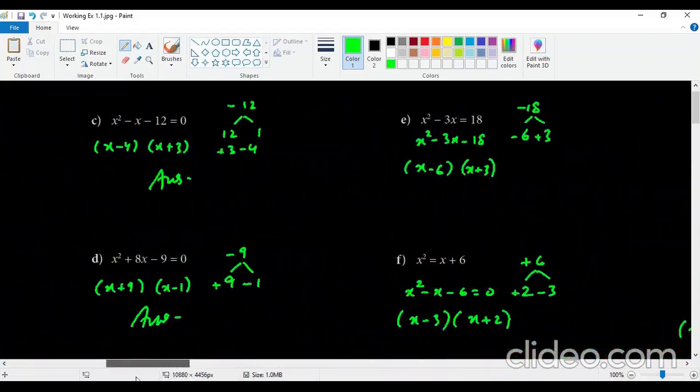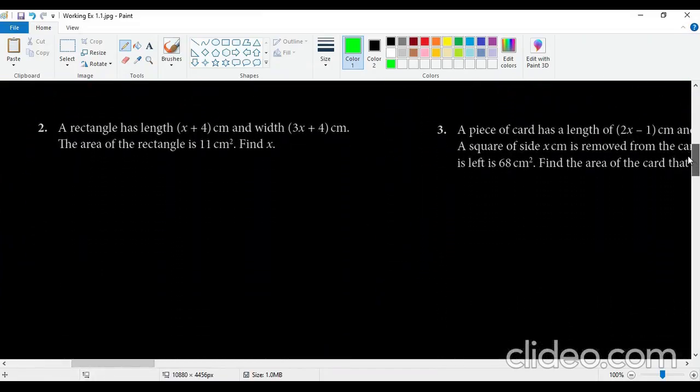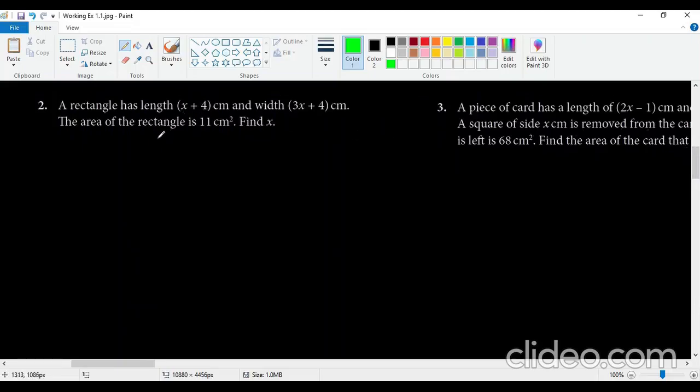Moving on to question number 2, which can be seen over here. It says a rectangle has a length x plus 4 and a width 3x plus 4, and the area of the rectangle is 11. That means x plus 4 multiplied by 3x plus 4 equals 11. Now we solve this. I am going to write 3x plus 4 equals 11, and multiply by x plus 4.